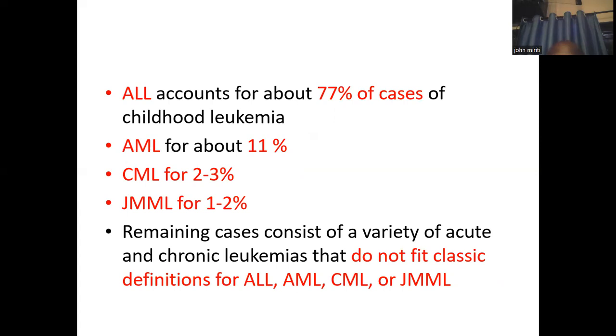The remaining cases consist of a variety of acute and chronic leukemias that do not fit into any class definition for acute lymphoid leukemia, acute myeloid leukemia, chronic myeloid leukemia or juvenile myeloid leukemia.